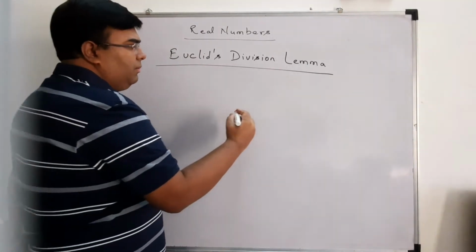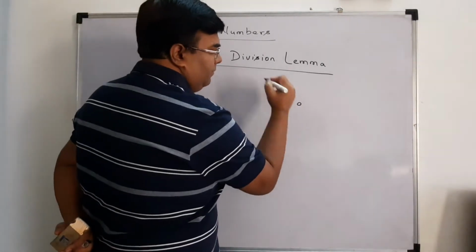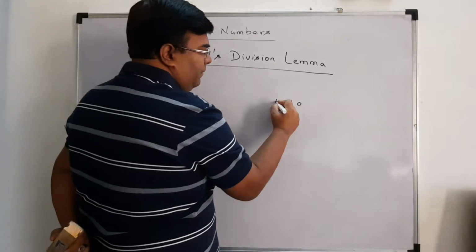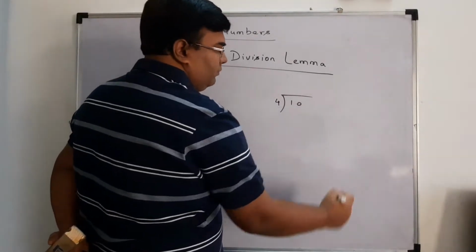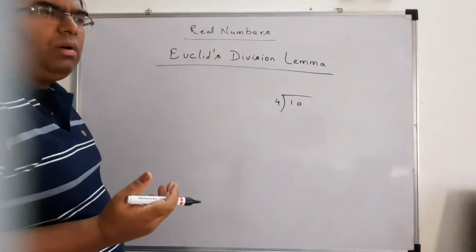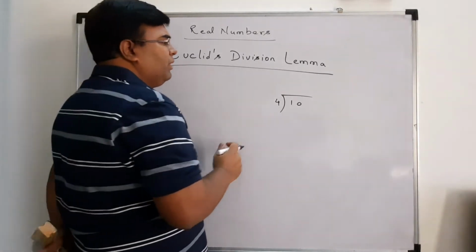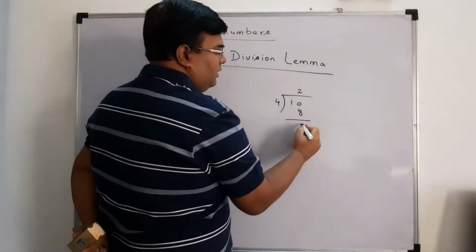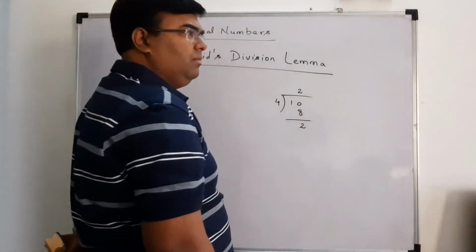Suppose there is a number 10, and we want to divide it by 4. We all know how to divide 10 by 4. 4 twos are 8, and what is my remainder? 2.